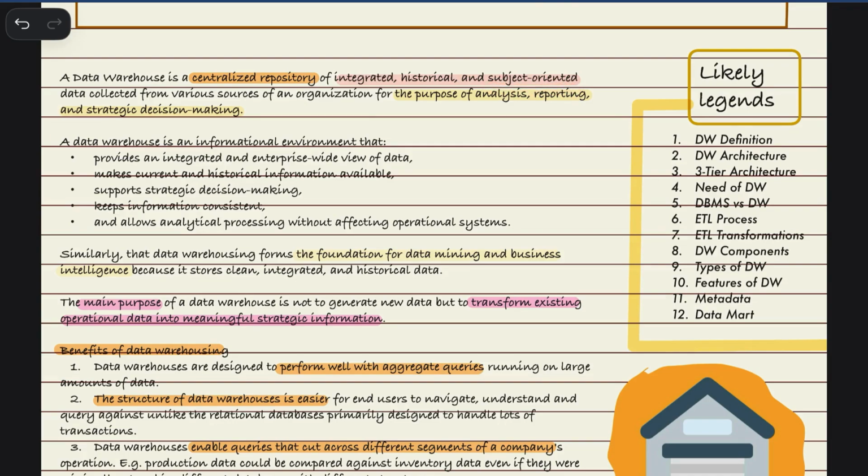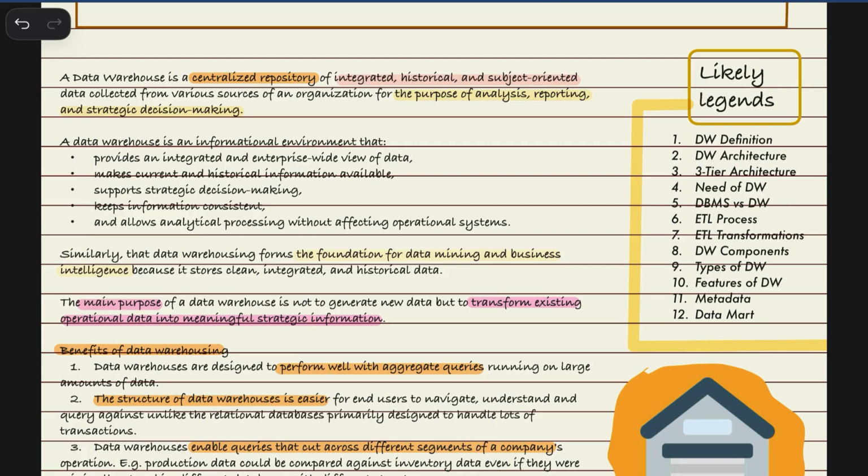By subject oriented, it means that the data warehouse ignores the action and organizes data by major subject. For example, a cash register is organized by action. What we do in a cash register is scan, pay, and receipt, right? But how will you store this data of scanning, paying, and getting the receipt? For example, customer, product, and sale. These will be the subjects.